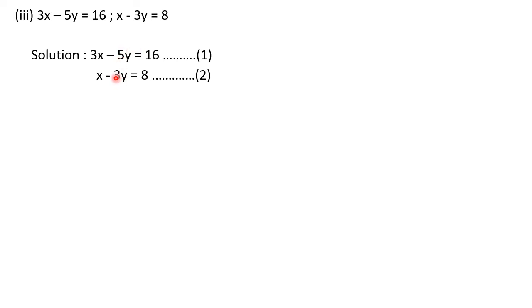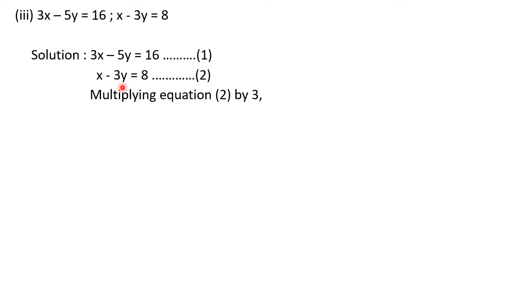Instead, here in second equation coefficient of x is 1. If we multiply the second equation by 3, then easily we can equate the coefficient of x. Okay. So instead of multiplying both the equations, try to equate coefficient of x. So multiply equation 2 by 3 so that we can equate the coefficient of the variable x.